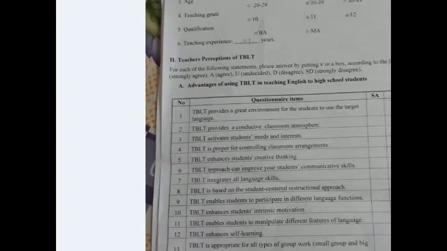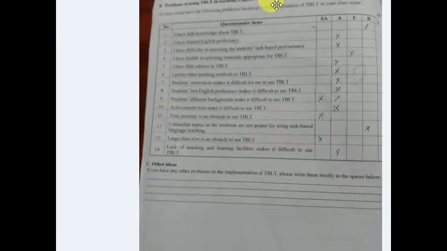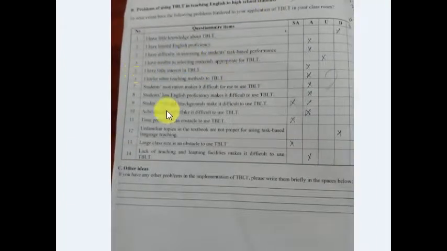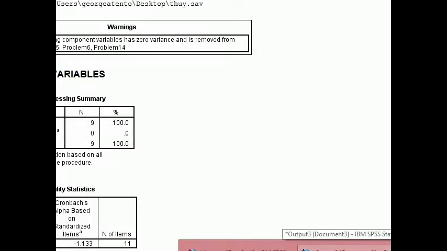The problem with those items is that the teachers you surveyed were in agreement with each other on all of them. Okay, so 5, 6, and 14.